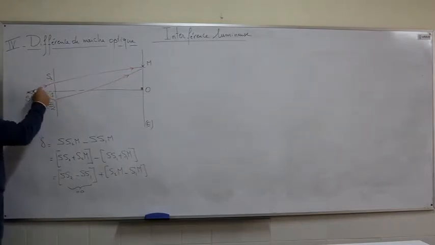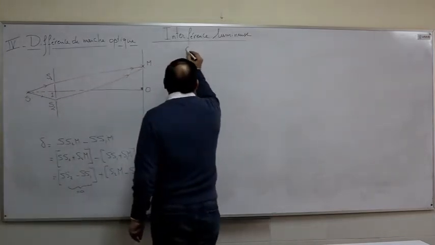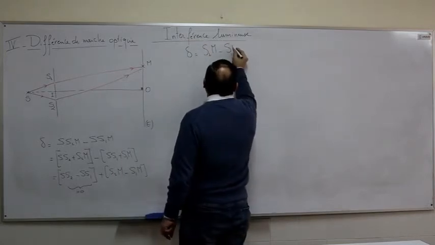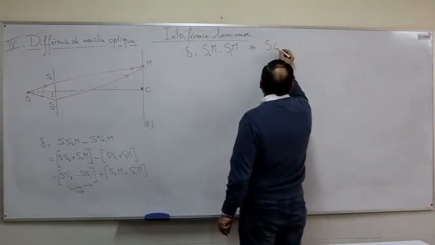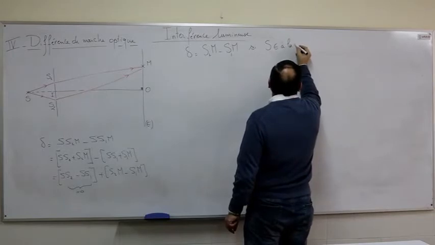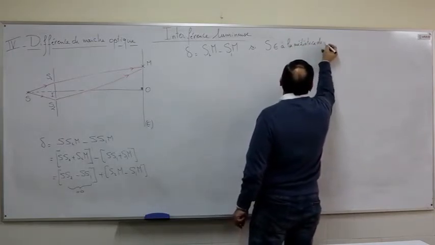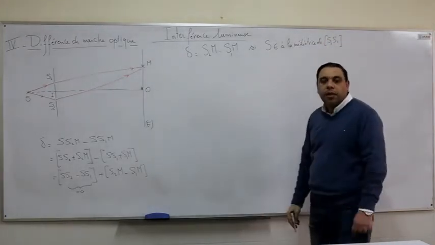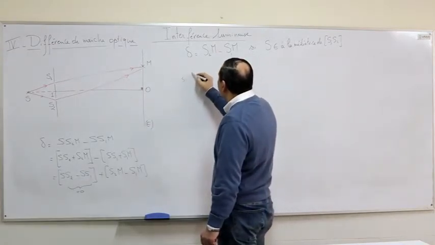Therefore, the optical path difference becomes equal to S2M minus S1M if M belongs to the perpendicular bisector of S1, S2. Or in other words, S is equidistant from S1 and S2.